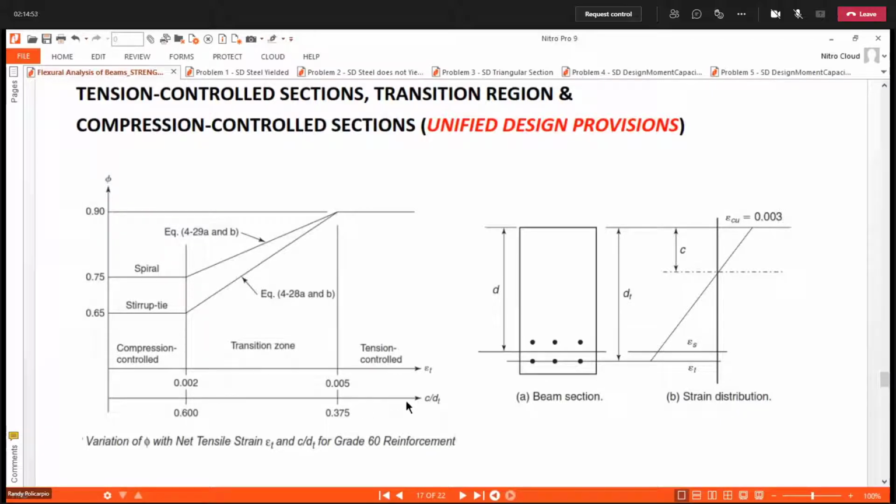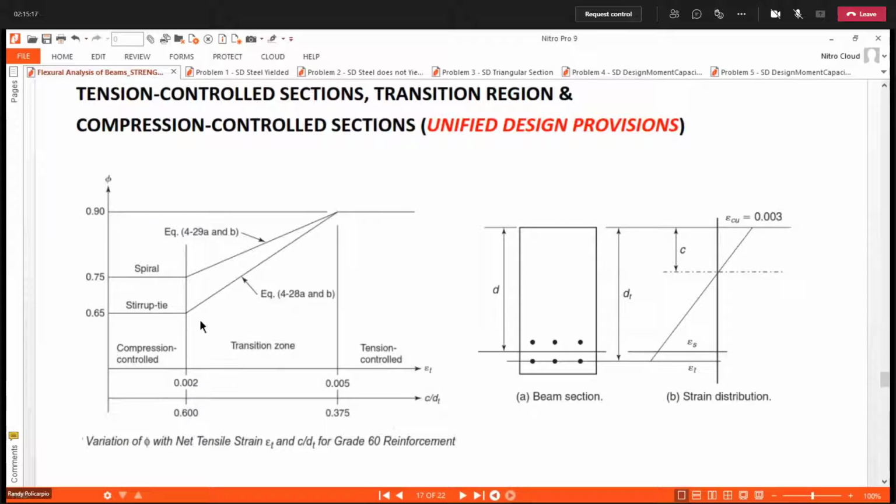If our epsilon t is greater than 0.002 and less than 0.005, our section is within the transition zone. So merong equation on how to solve for the equivalent reduction factor.